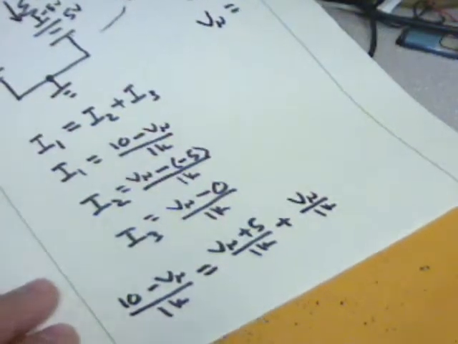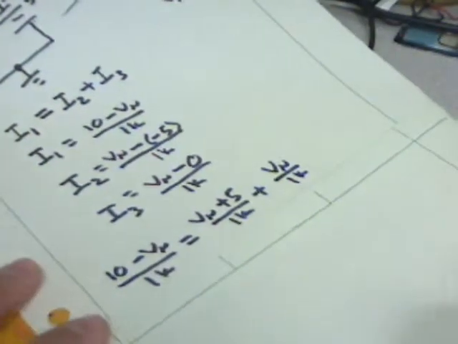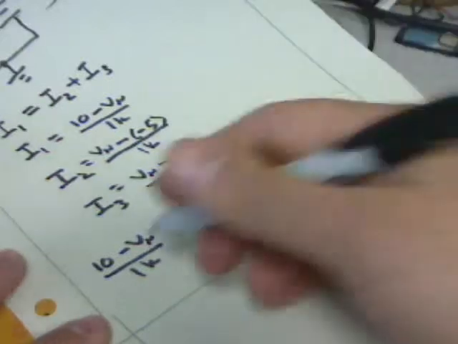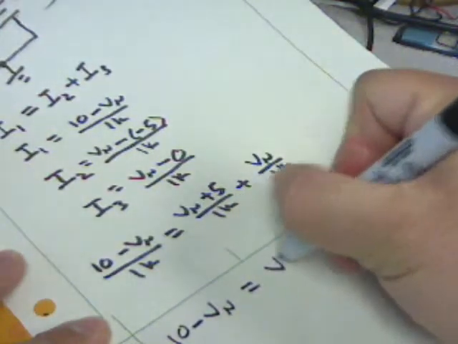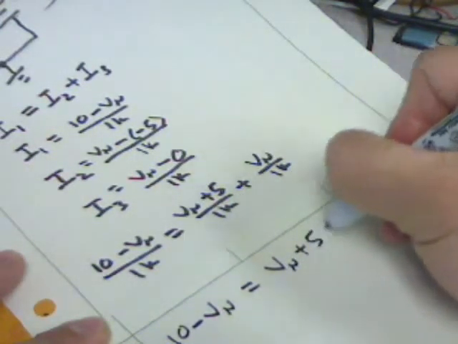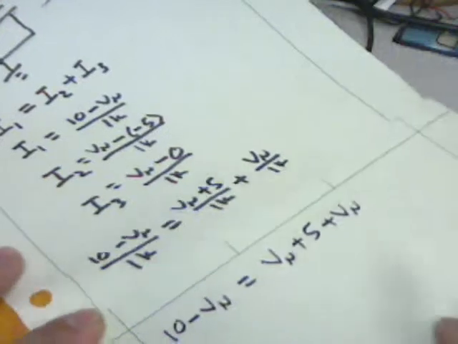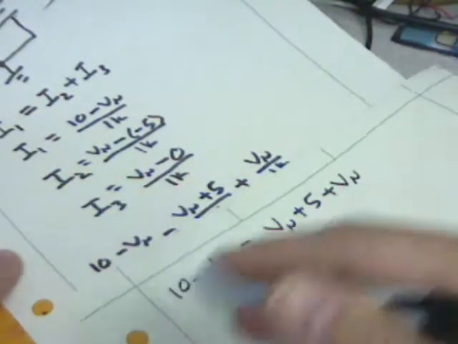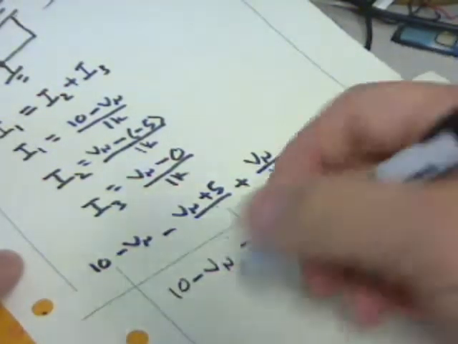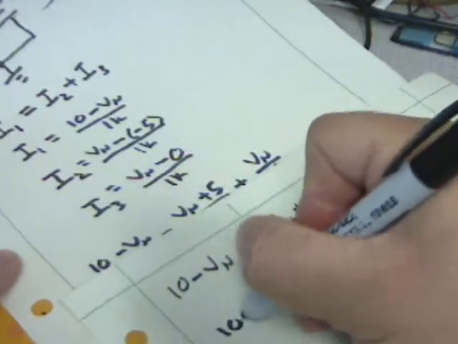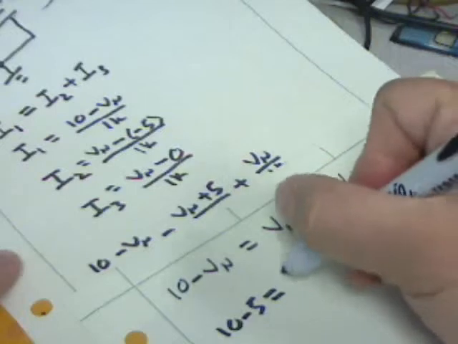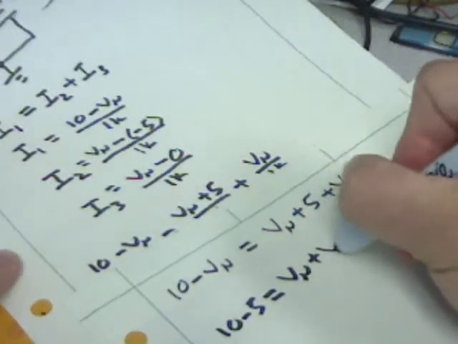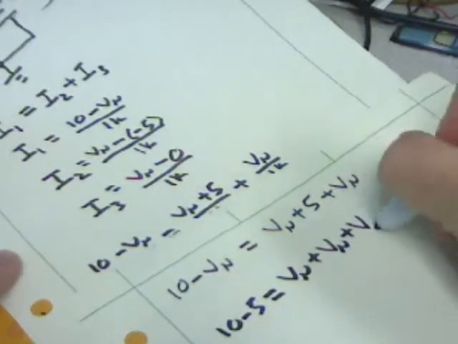Let's get another sheet of paper. The first thing that I see to do is get rid of all the 1k's, divide both sides by 1k, and you're left with 10 minus Vn is equal to Vn plus 5 plus Vn. So I'm going to take this Vn over here and this 5 over here, so you have 10 minus 5 equals Vn plus Vn plus Vn.